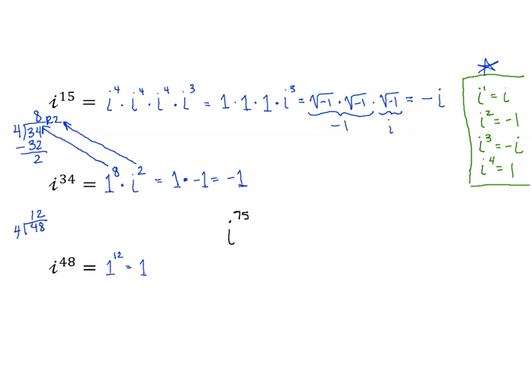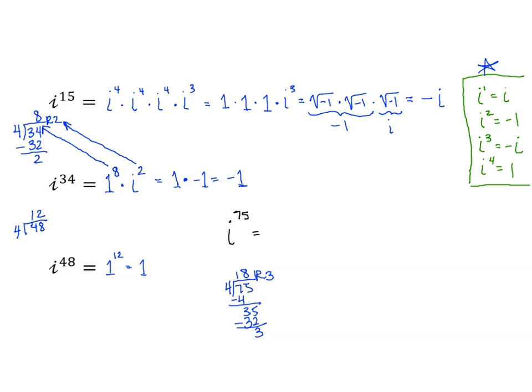All right, i to the 75th. So we're going to divide by 4. I'll do that down here. 4 into 75 goes once. That's 35. That goes in 8 times. And I get a remainder of 3.